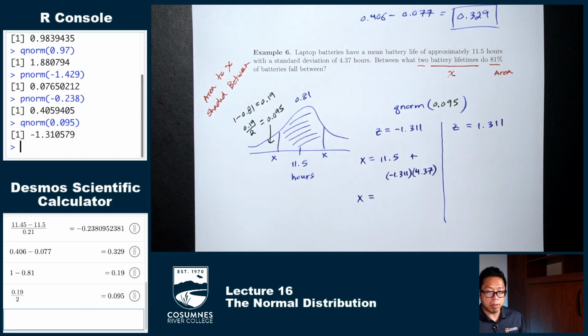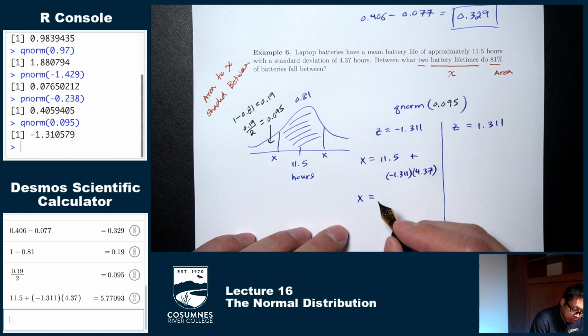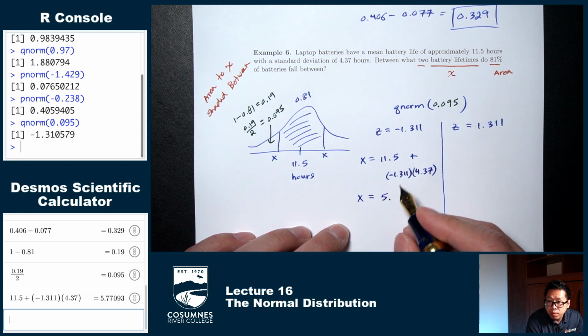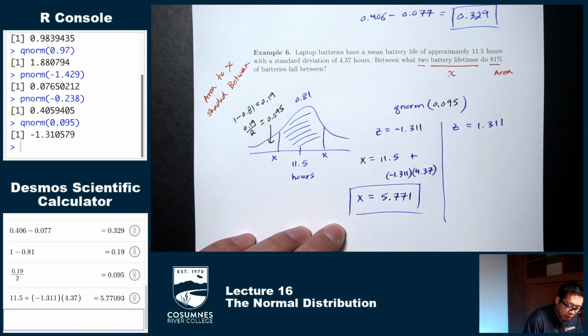Okay, so let me do that one right here. 11.5 plus negative 1.311 times 4.37 is 5.771. So round to 3 decimal places. Okay, so that's one of the answers.